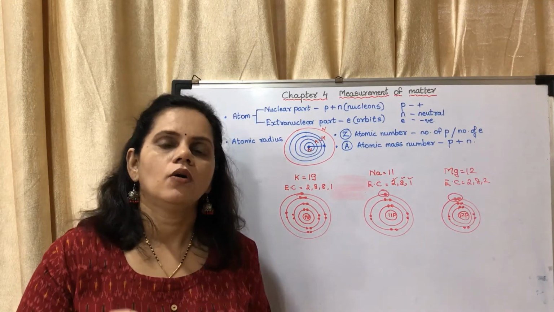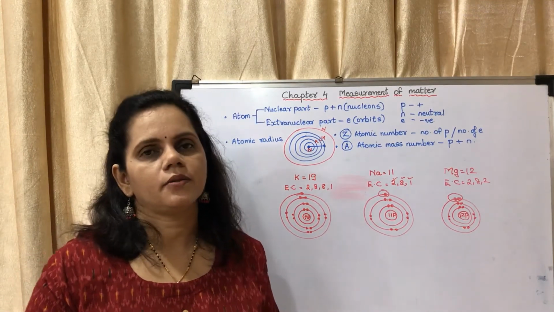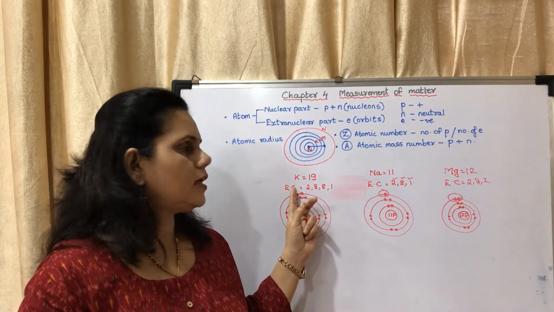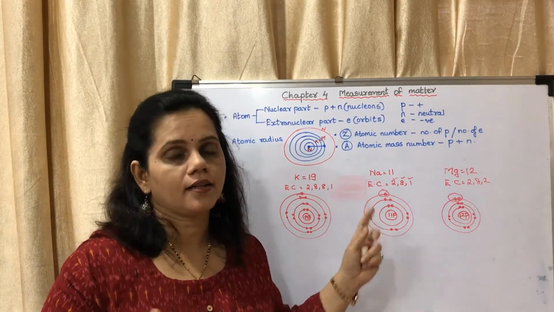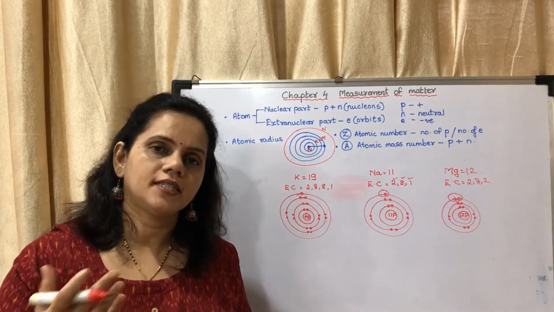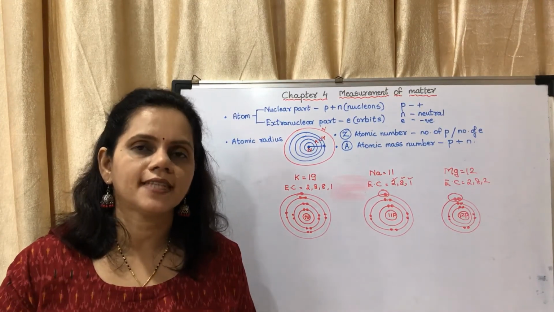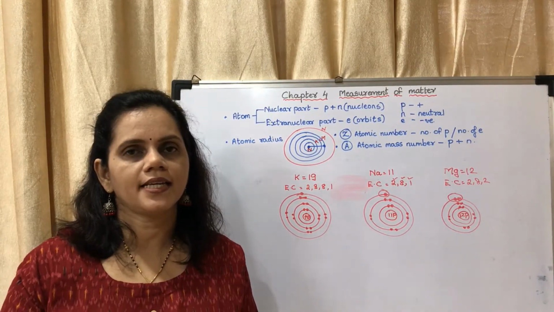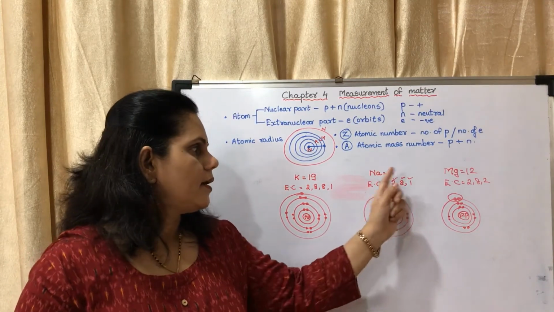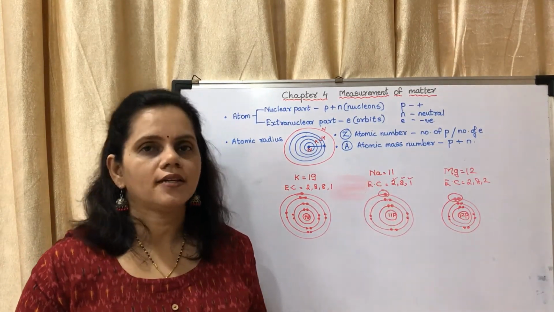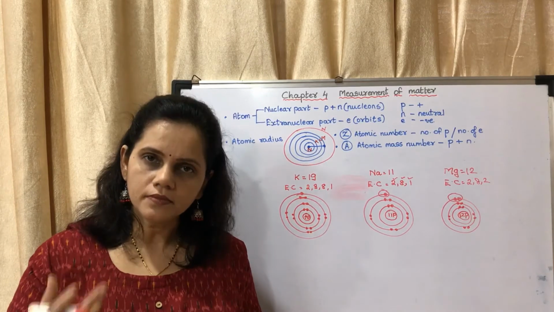Okay, so what can be concluded from that box? So potassium is bigger than sodium. Why? Because it is having more number of shells. Okay, so if the number of shells increases, the atomic size increases. Magnesium is smaller than sodium. Why?